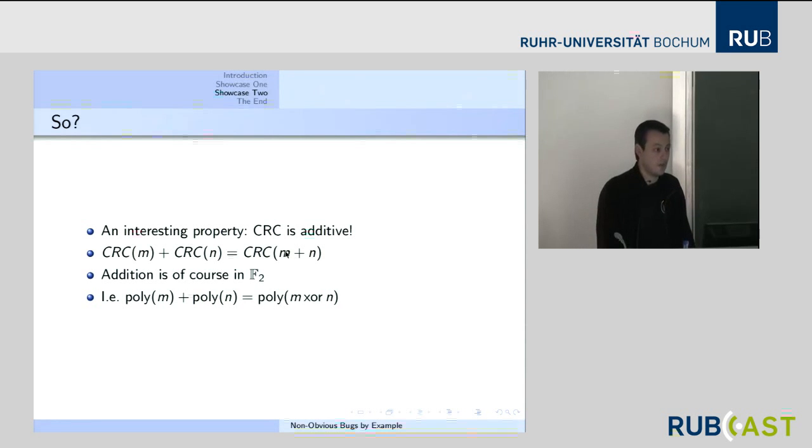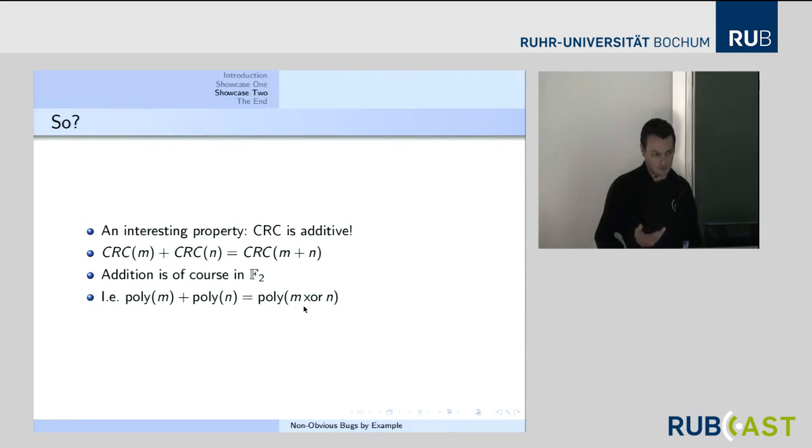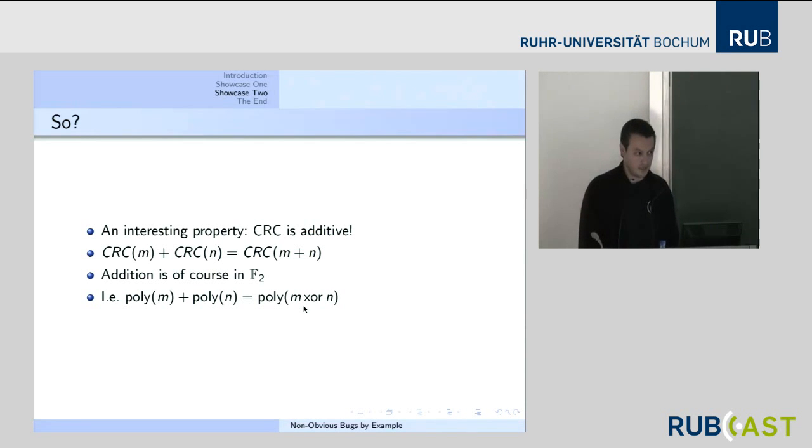And when I say adding up, I of course mean adding up in F2. So add them up coefficient by coefficient. So what you basically do is you XOR the messages when you add them up. You can easily check it: if you add two polynomials, then you add the coefficients. In F2, adding is XOR. That's it.